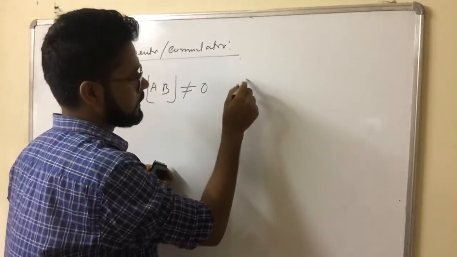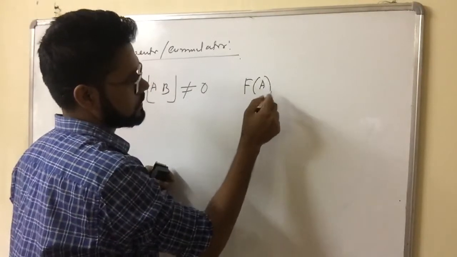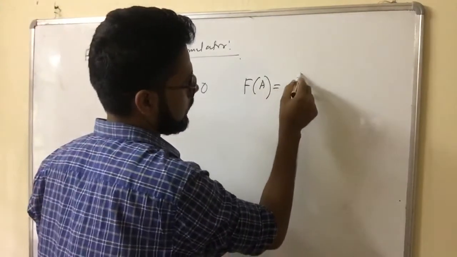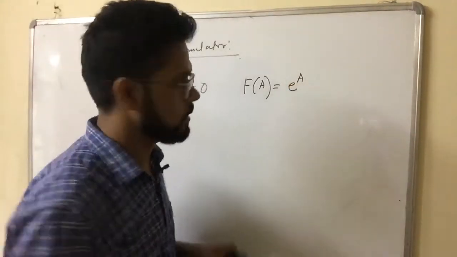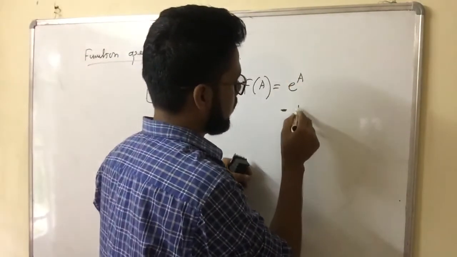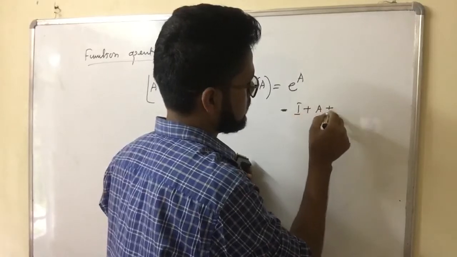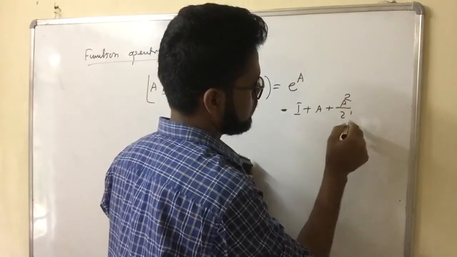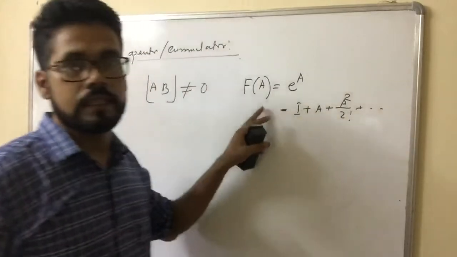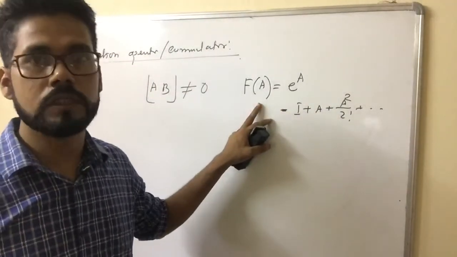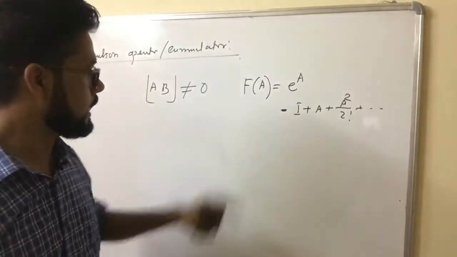Suppose f(A) is any function, for example e to the power A, the exponential function. I can expand it as I plus A plus A squared over factorial 2, like that. So this is an arbitrary function which depends on A. Then what happens?